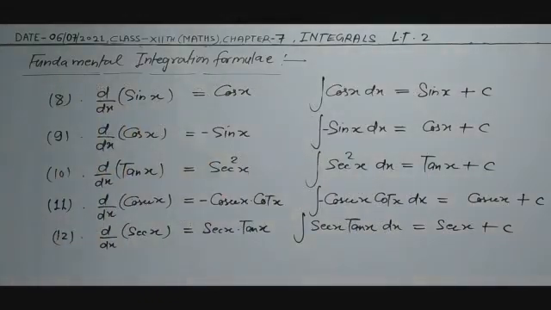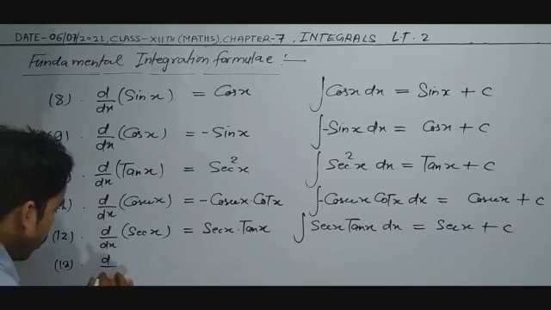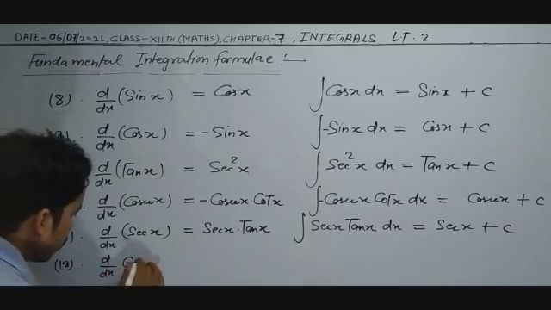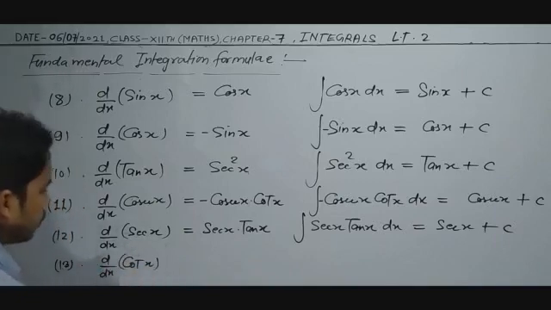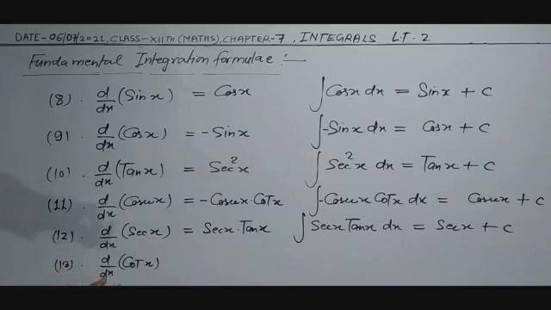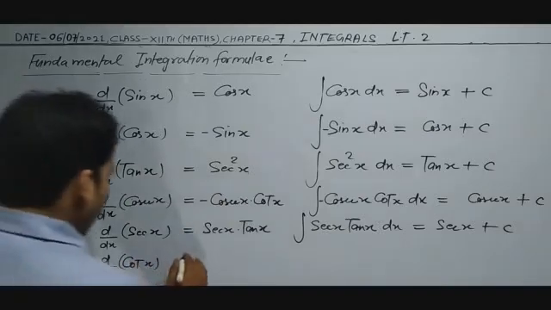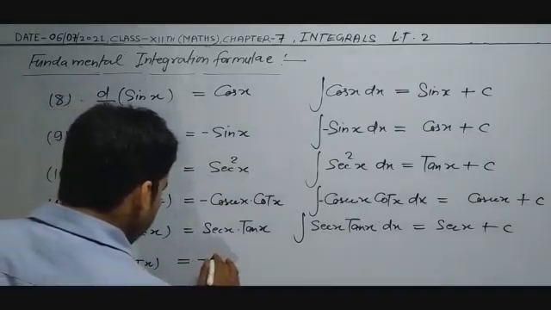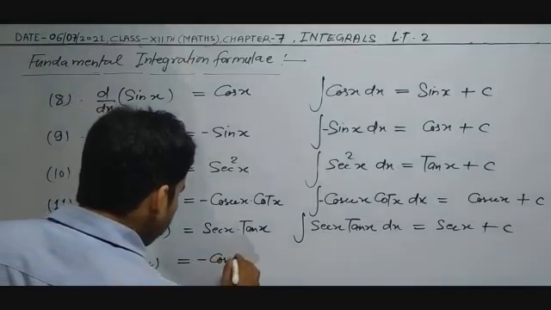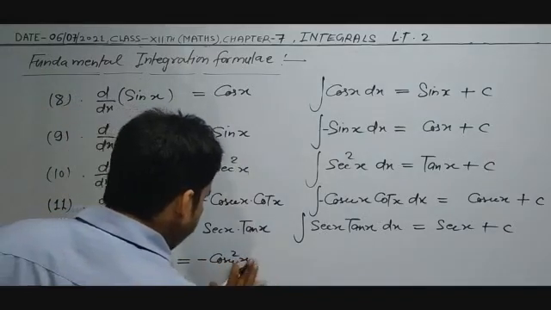Now come to formula number 13. d by dx of cot x. What is the derivative of cot x? Derivative of cot x is minus cosec square x.